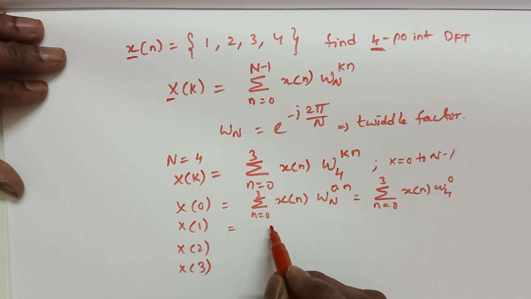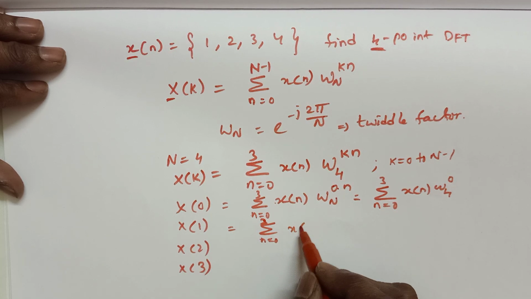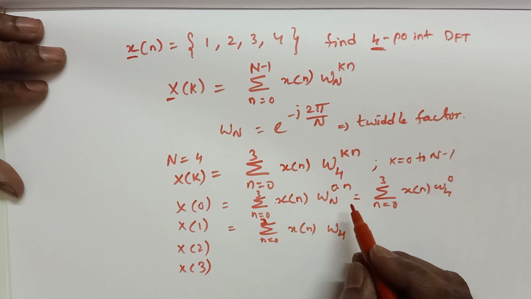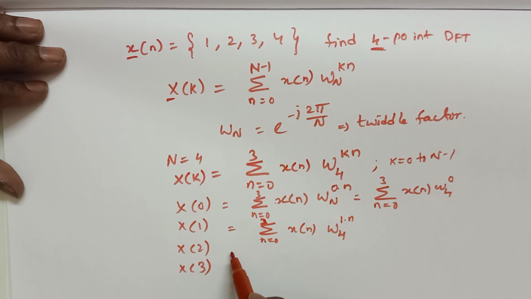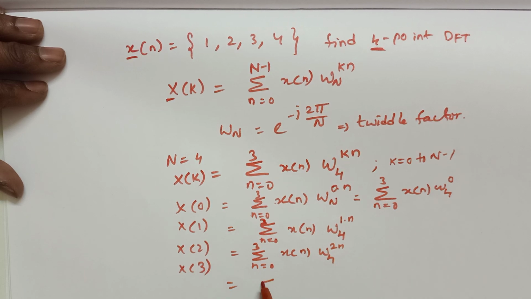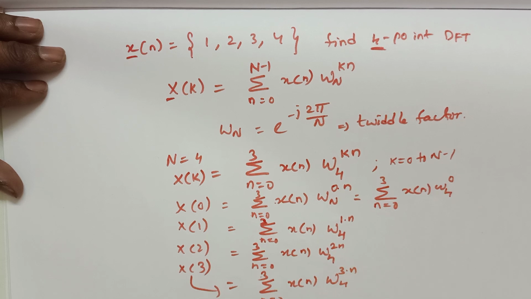Similarly, when k equals 1, it is sigma n equal to 0 to 3 x of n into W_4 power 1 into n. When k equals 2, it is x of n into W_4 power 2 into n, and for k equals 3, x of n into W_4 power 3 into n.